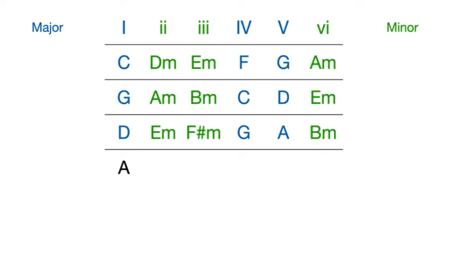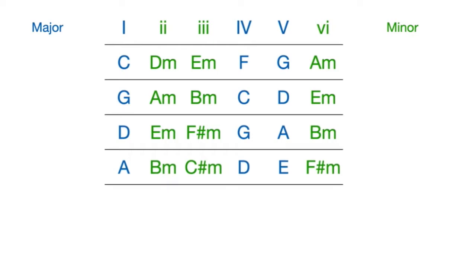If we were looking at the key of A, the scale would go A, B, C sharp, D, E, F sharp. And once again, you can see the 1, the 4, and the 5 are major, A, D, and E. And the 2, 3, and 6 are minor, so that's B minor, C sharp minor, and F sharp minor in the key of A. You can see how this pattern is pretty easy to figure out.